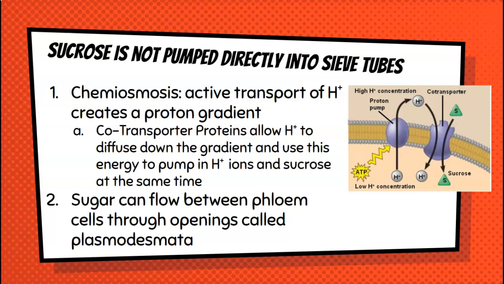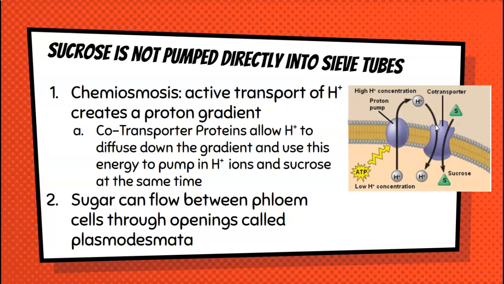So what happens is hydrogen ions create a proton gradient. If you look in the picture, hydrogen ions start on the bottom here, where there's a low concentration, and using energy, they're pushed out to where the sucrose is, and then they come back in through this co-transporter protein, and sucrose kind of just hitches a ride.